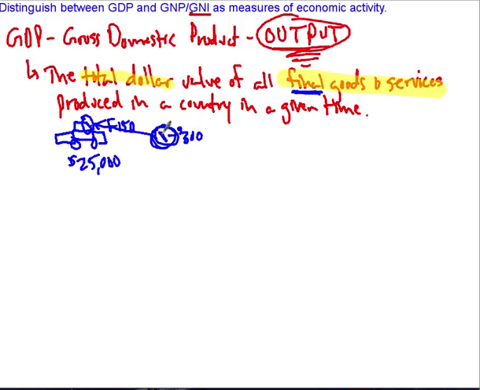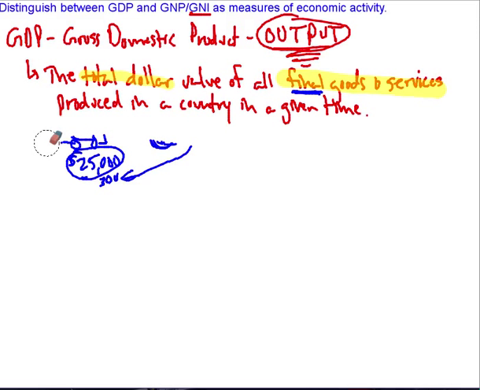The reason that we don't count these intermediate goods is that this $25,000, part of it is this $300 from the windshield. If we counted the windshield and then we counted the price of the car, we'd be double counting. We'd be counting too much because this windshield is taken into account when they price it at $25,000. And that's what we mean by a final good.